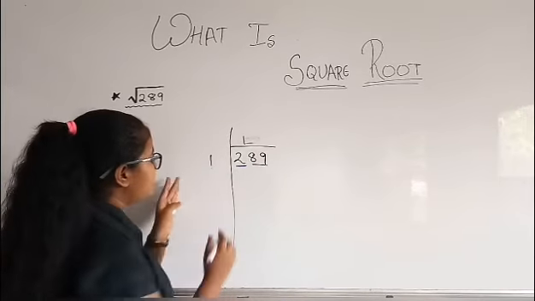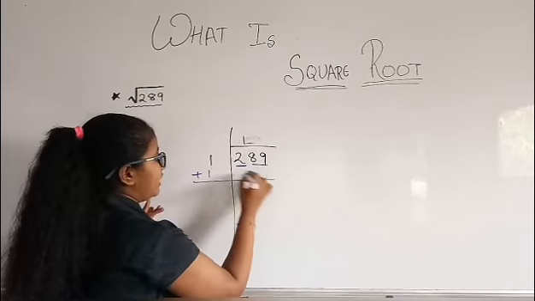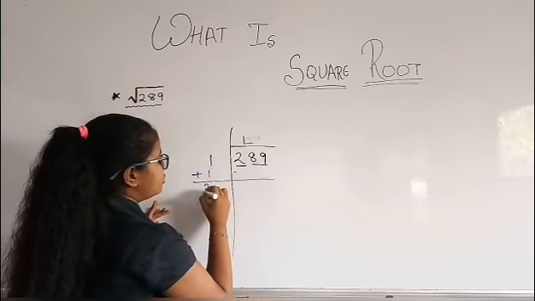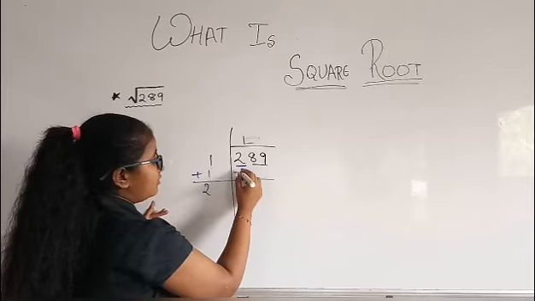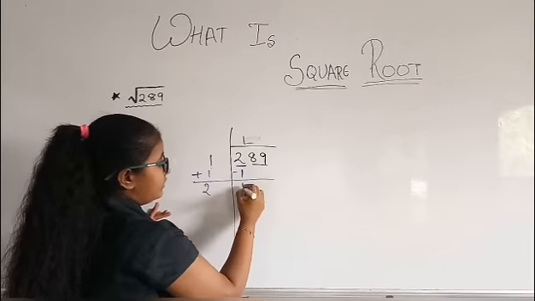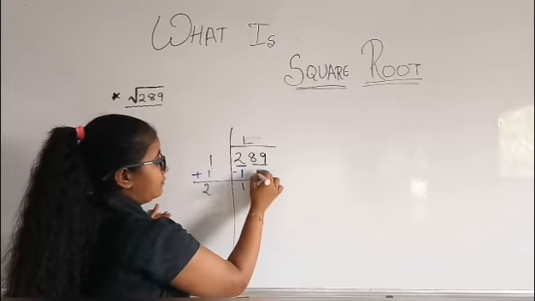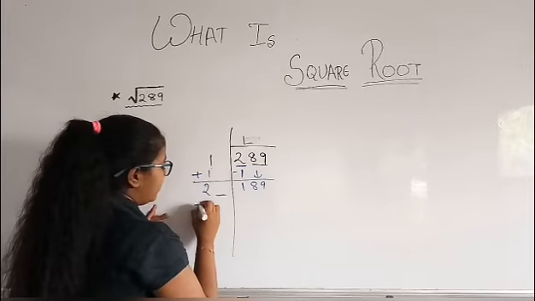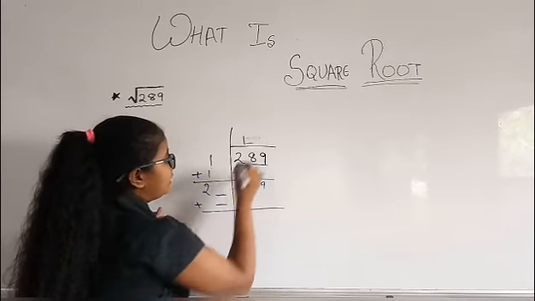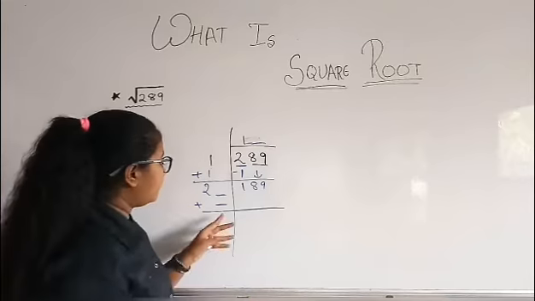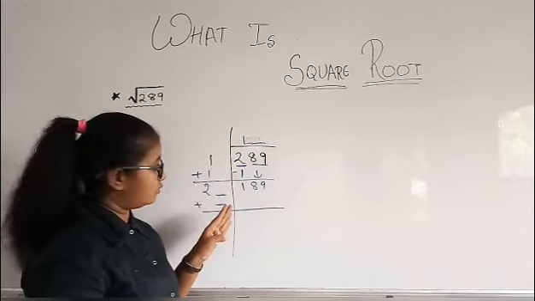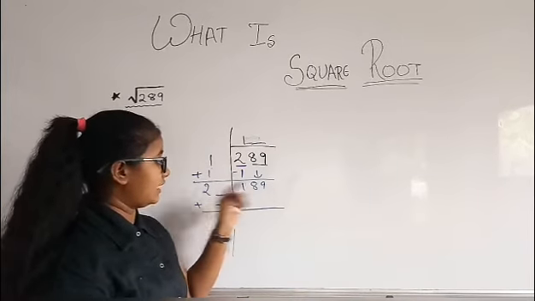So we take 1, add it with 1 and subtract. It's 2. When we multiply these, we get 1. Subtracting, we get 189. Now we have to choose a number such that when we multiply it with this number, we get 189.